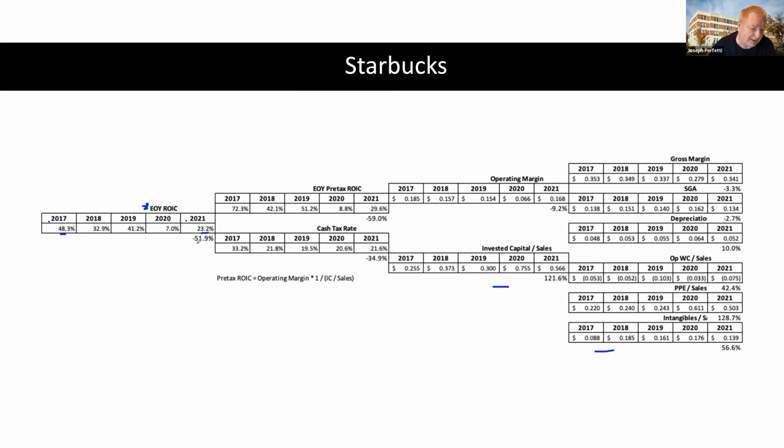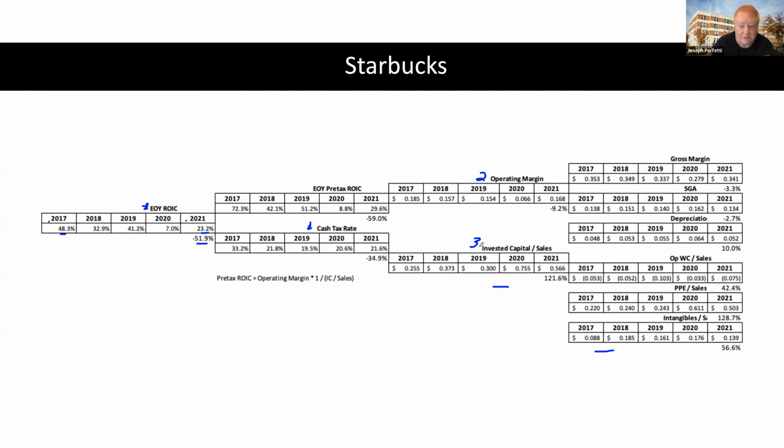That was, and this is a 5-year percentage change, a 51.9% drop over 5 years in their ROIC. There are 3 reasons that ROIC changes. Always 3 reasons. 1, tax rate. 2, operating margin. 3, invested capital to sales.